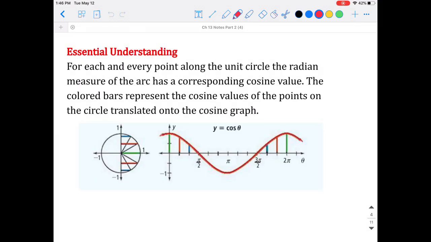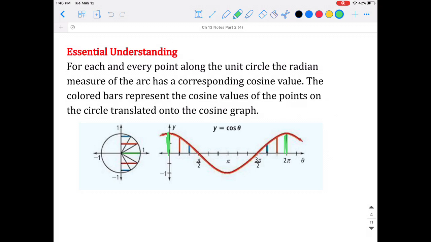For each and every point along the unit circle, the radian measure of the arc has a corresponding cosine value. The colored bars represent the cosine values of the points on the circle translated onto the cosine graph. You'll see the curve of this graph looks exactly the same as the sine function. The only difference is that it's shifted over. On this graph, we have green bars at 0 and at 2 pi.